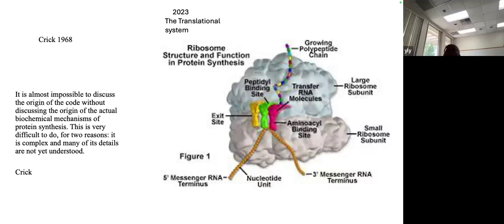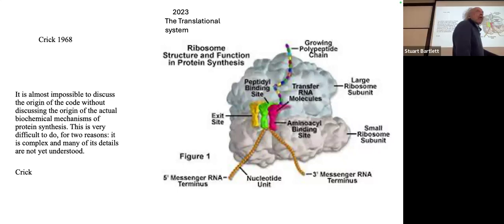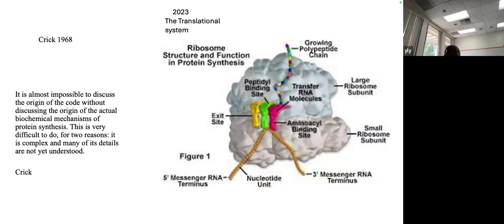So that's 3 of the components that have to evolve in order to have a translational apparatus. So the ribosome has to evolve, the tRNAs have to evolve, and the messenger RNA has to evolve.